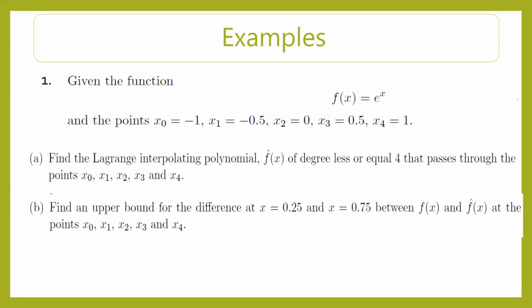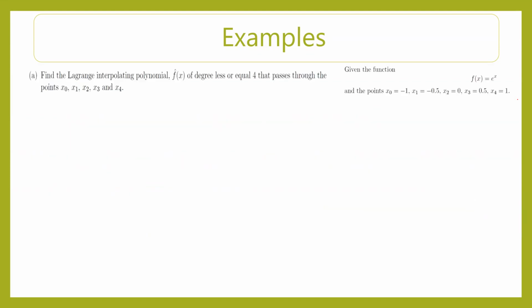And B, find an upper bound for the difference between f(x) and f hat(x) at the given x values, given the points x0, x1, x2, x3, and x4, right? So let's solve this problem. Solution.